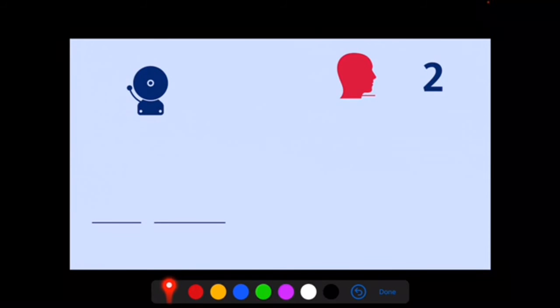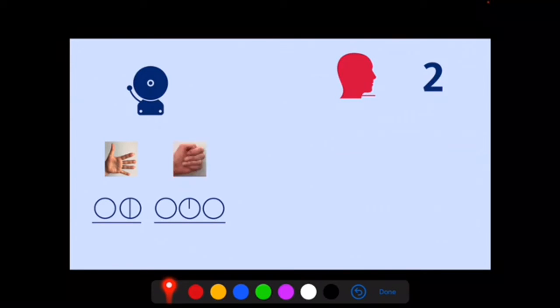In be, I could hear B and I could hear E, a long vowel sound at the end of a syllable, so I know exactly how to write it. And then gin. G, I, N. And it's another word or syllable where we're following a different rule. It has a short vowel sound, and we know how to write it because we can hear the sounds.